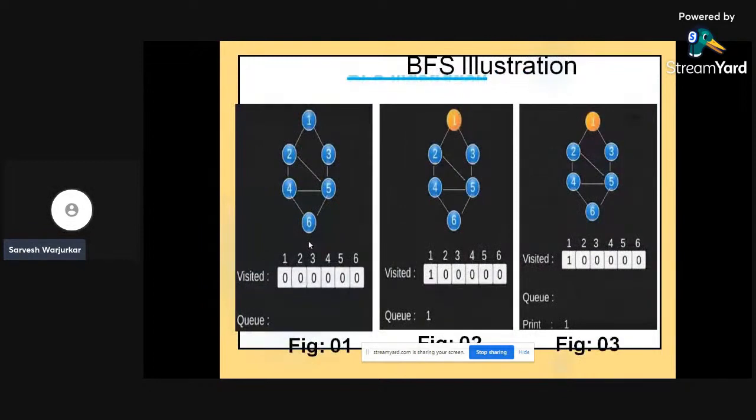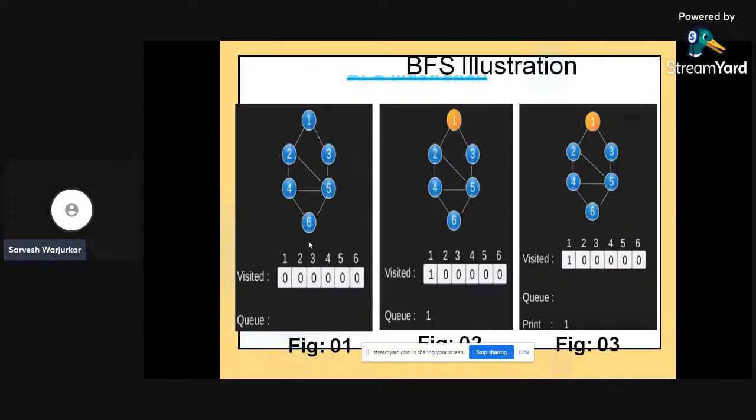See the illustration in the given diagram. With the help of these diagrams, I'm going to explain how BFS works. The given graph is like this: 1, 2, 3, 4, 5, and 6, where we are going to point out the visited node, and then enter it into the queue.